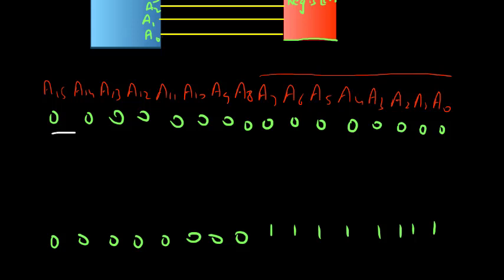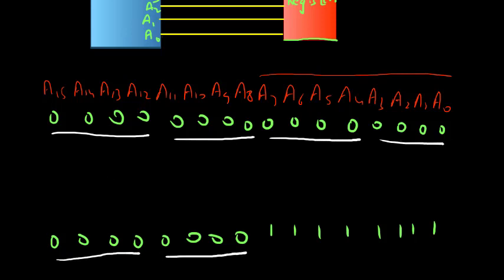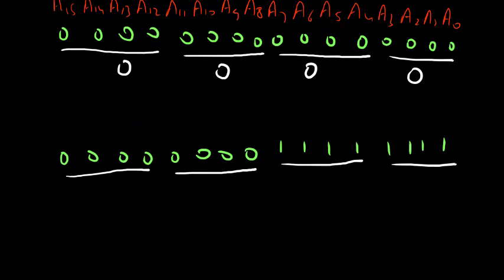Converting to hexadecimal, the first address is 0 0 0 0, and for the last address, this is 0, this is 0, this is F, and this is F.